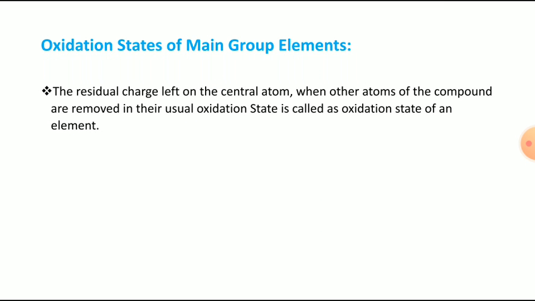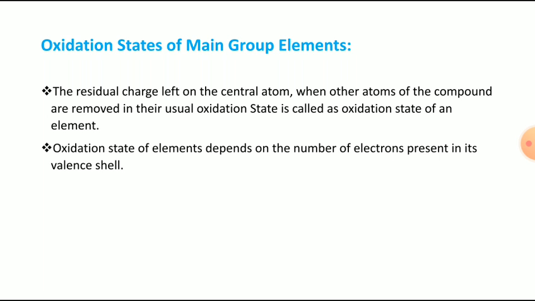The residual charge left on the central atom when the other atoms of the compound are removed in their usual oxidation state is called the oxidation state of an element. The oxidation state of an element depends on the number of electrons present in its valence shell. Suppose we consider boron.